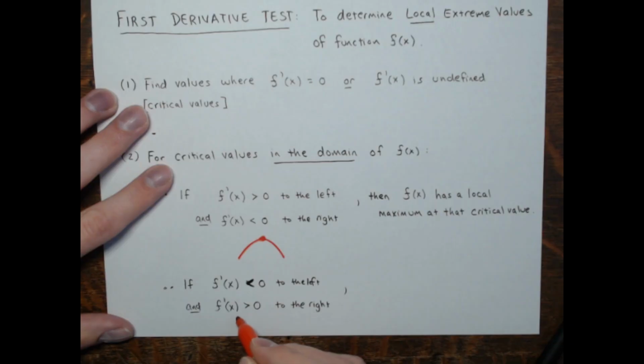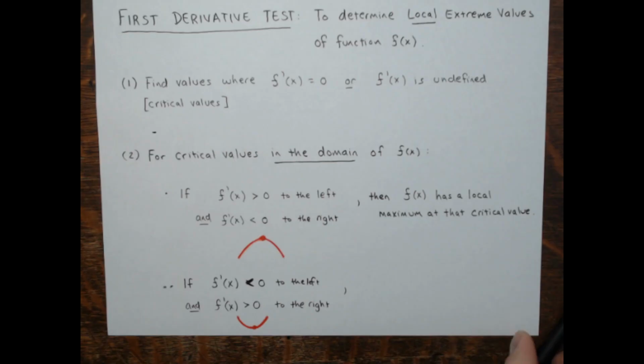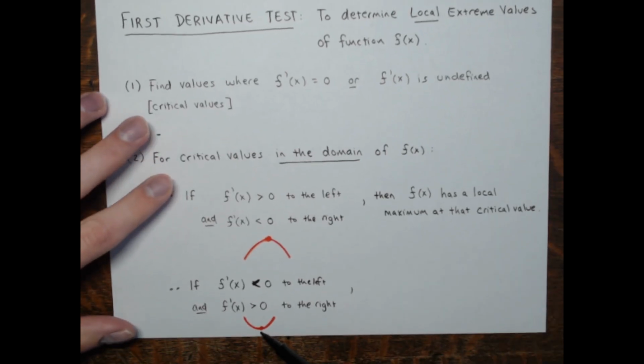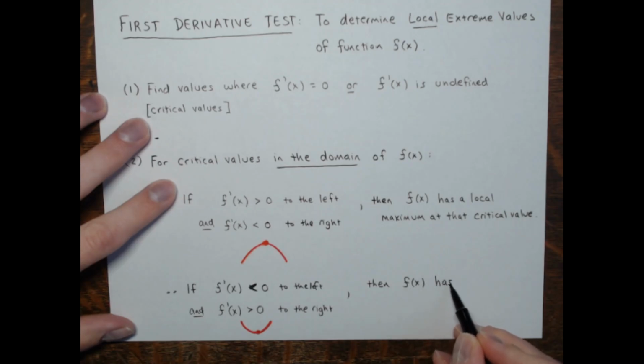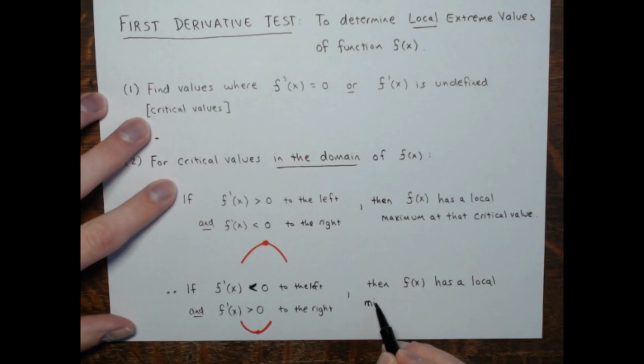So that would be this case where, decreasing to the left, then you have your critical point where the derivative is 0 or undefined, and then increasing on the right, positive first derivative on the right. So you see at those points, the graph of the function has a local minimum value, right, bottom of a valley. Then f has a local minimum value at that critical value, at that critical point.